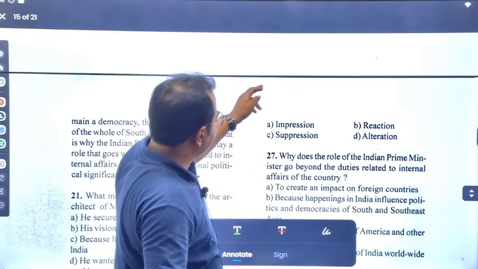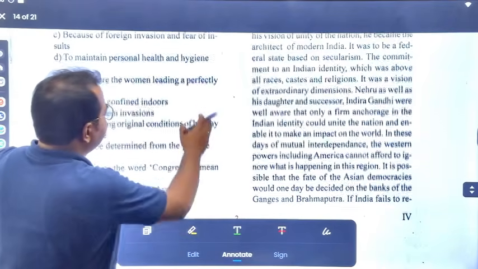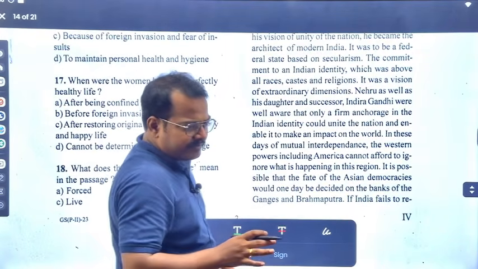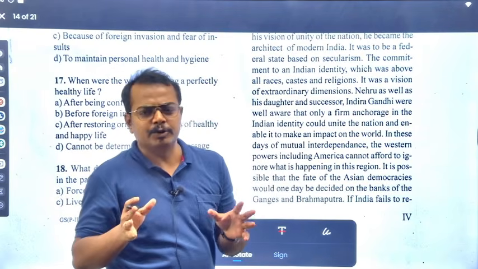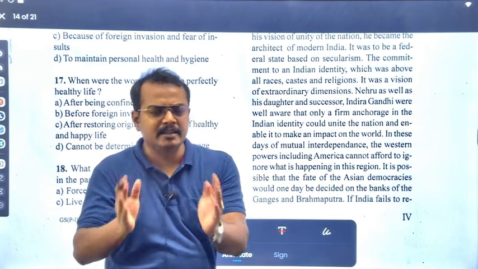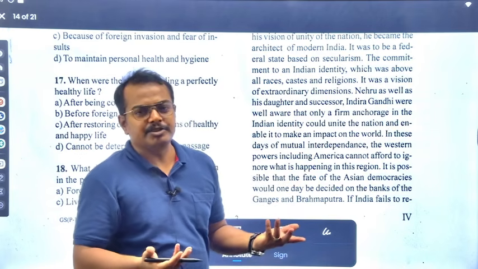Up to question 27, if you can see here, for one passage they have given 8-9 questions. I think it is very beneficial for you, because with only one passage you can solve 8 to 9 questions. What better question can they give?